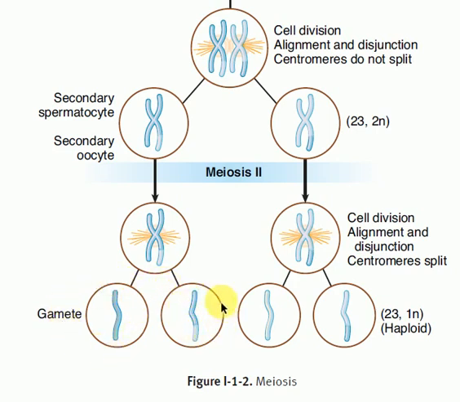The second polar body dies, and the gamete, the ovum, fuses with the nucleus of the sperm, and the zygote is formed. If fertilization does not occur, it will remain as a secondary oocyte and is lost in menstruation, and it dies as a secondary oocyte. So these are some of the significant differences between male and female gametogenesis.